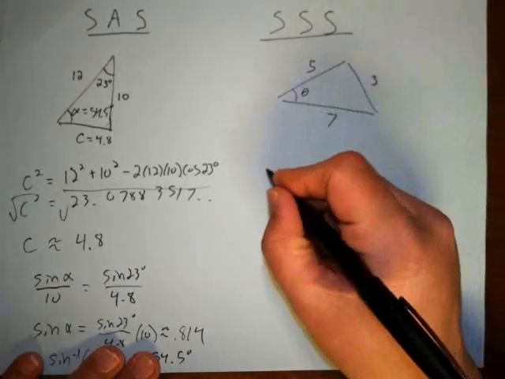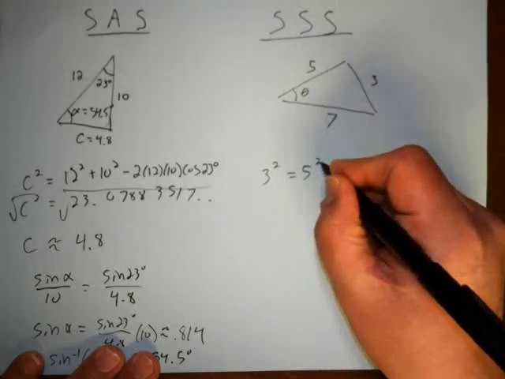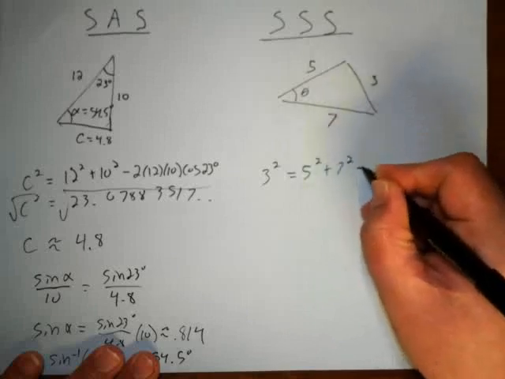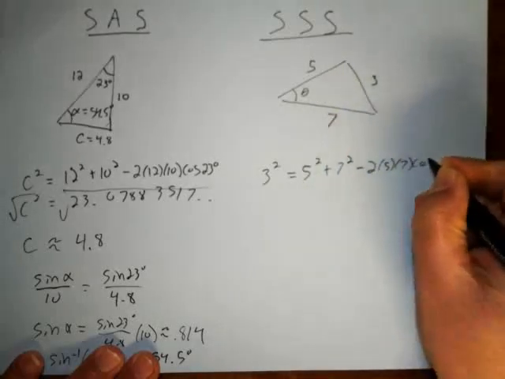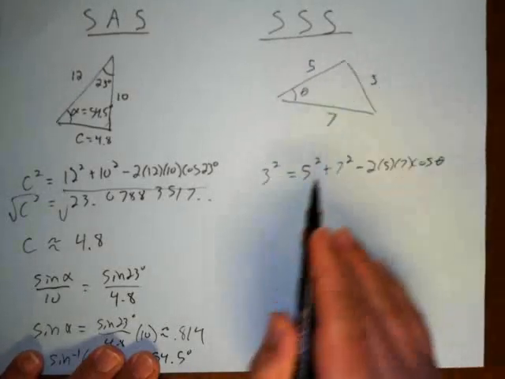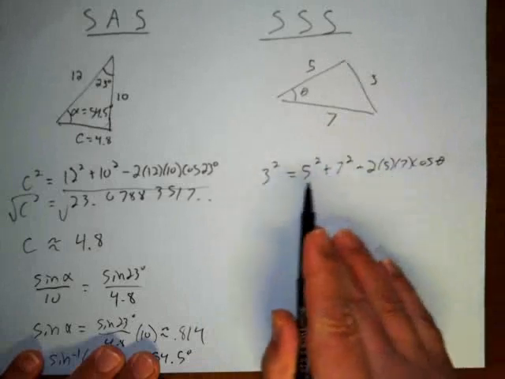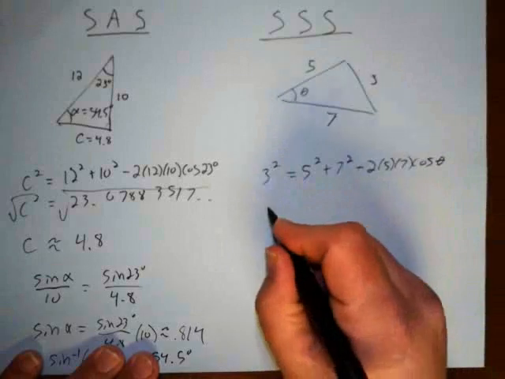So this is your C, so I'd get 3 squared is equal to 5 squared plus 7 squared minus 2 times 5 times 7 times cosine of theta. Then I'm going to solve for that cosine theta.